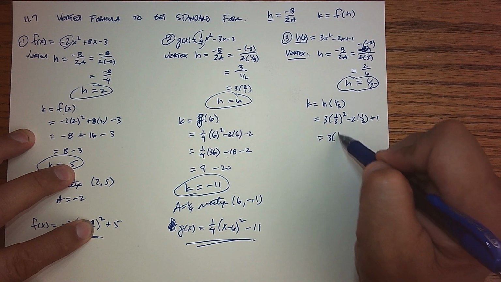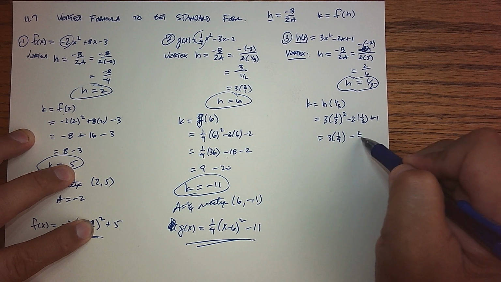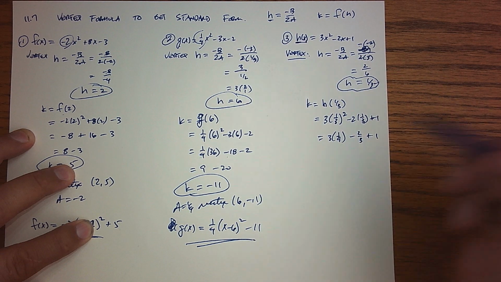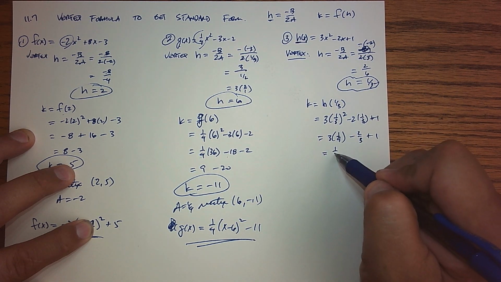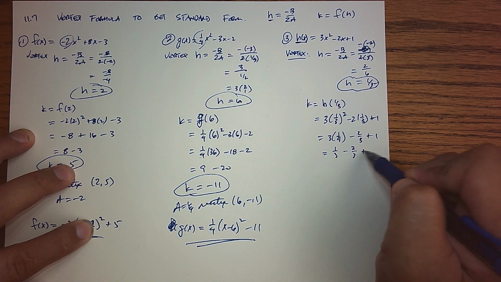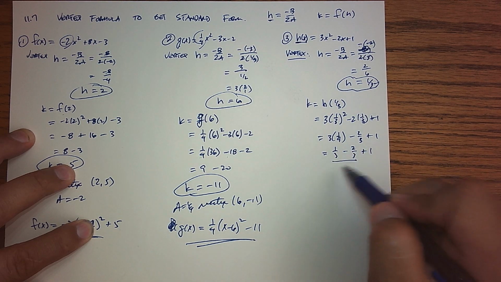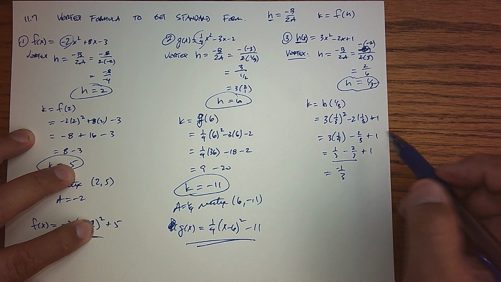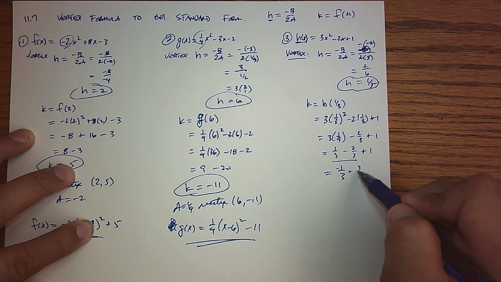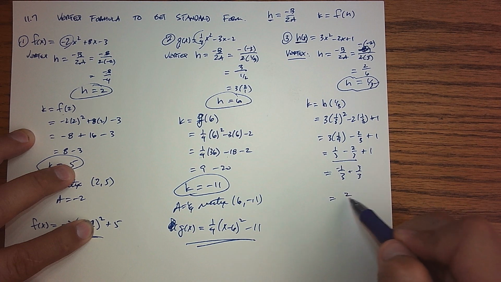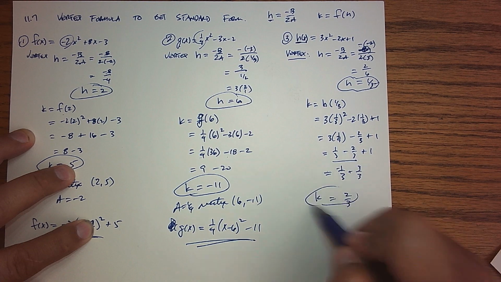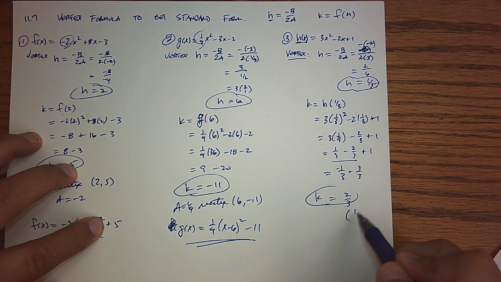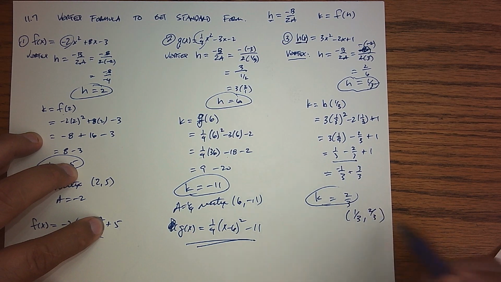So this is 3 times 1/9, that's 1/3, minus 2/3 plus 1. When I add or subtract those, I get 1/3 minus 2/3, and then 1, well, that's 3 over 3. And so we get 2/3. And so there's our k. So our vertex is sitting at 1/3, 2/3.